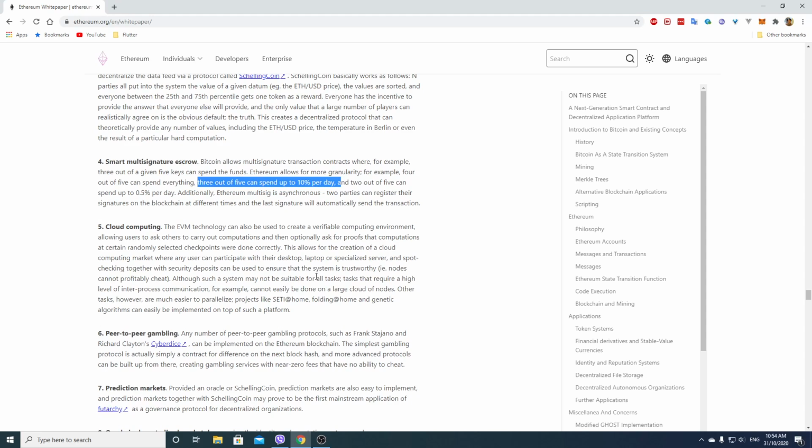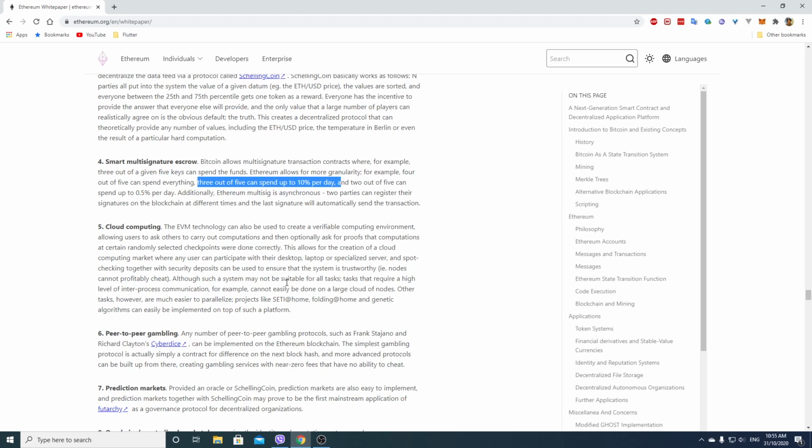Cloud computing. The EVM technology can also be used to create a verifiable computing environment, allowing users to ask others to carry out computation and optionally ask for proof that computation at certain randomly selected checkpoints was done correctly. This allows for the creation of a cloud computing market where any user can participate with their desktop, laptop, or specialized server, and spot checking together with security deposits can be used to ensure that the system is trustworthy.